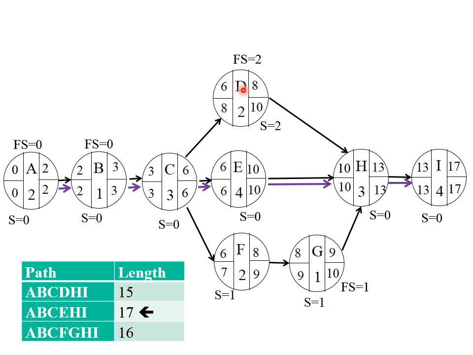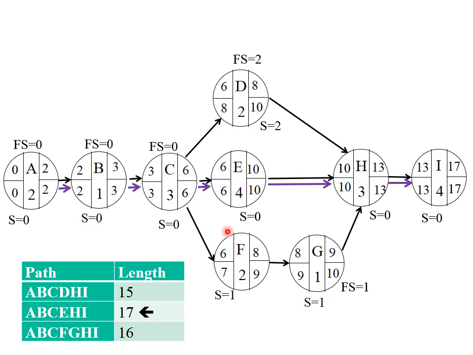Okay, let's do the same thing for F, for example. Or we did G. G is going to be, again, if you look at this, you have 10 minus 9 is 1. So you have a free slack of 1. You can delay this by 1 month and not affect the early start of this activity. Okay.